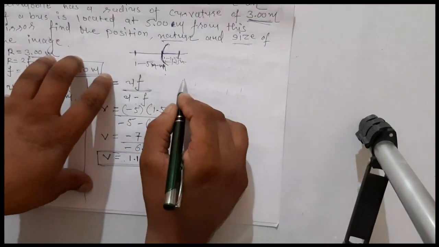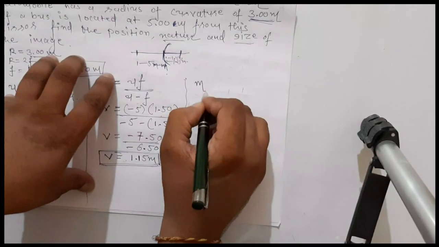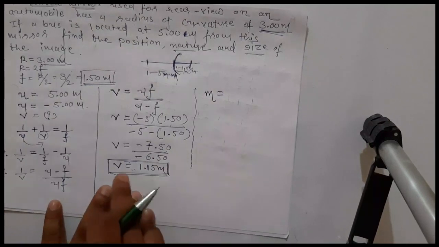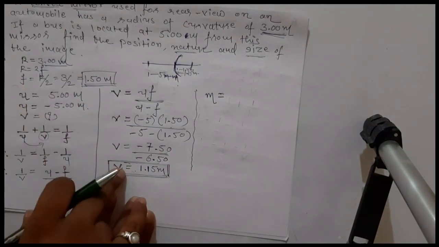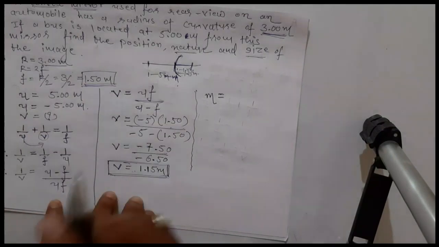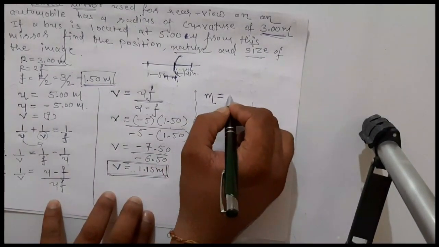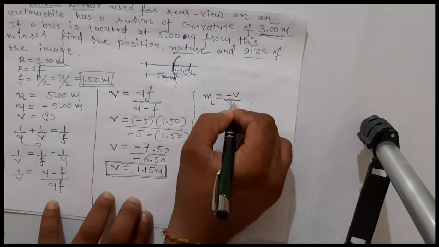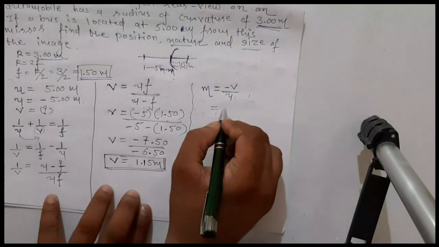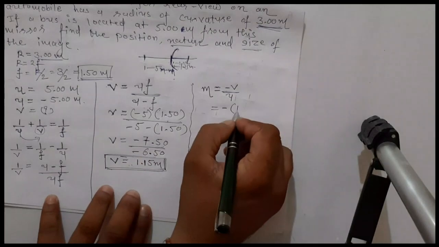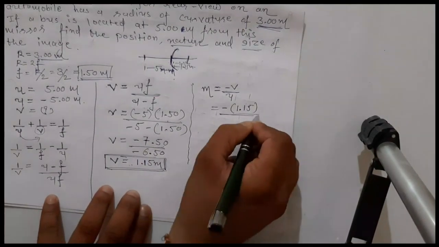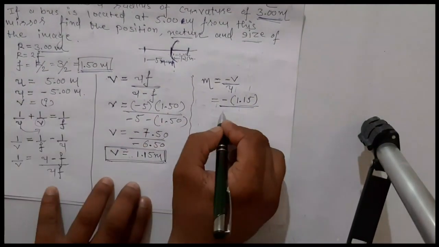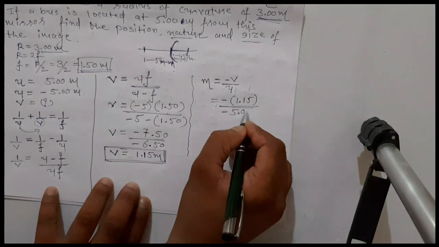Now how can we do it? It's very easy. m, it is a mirror, right? We don't have the height of image or height of object, but we have the value of u and the value of v. From that we can do it. So let's try. Magnification for a mirror is minus v upon u. Now we got the value of v, it is 1.15, right? And u, what is the value of u? That will be negative sign with magnitude of 5.00.